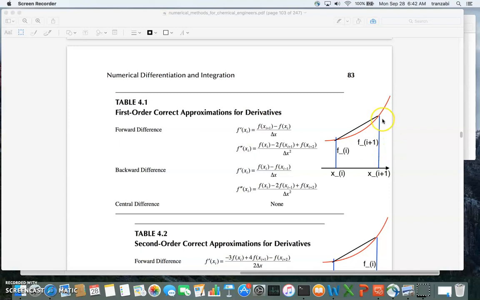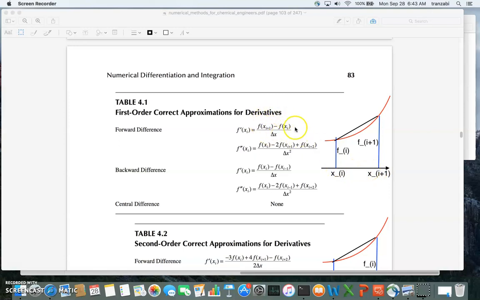So this is now f of x plus del x minus f of x. Now we can write this as f of xi plus 1, or f sub i plus 1, minus f sub i. So that's the difference between this blue line and this blue line, right? That's the difference in the numerator, and in the denominator I have the difference between the two successive x values.